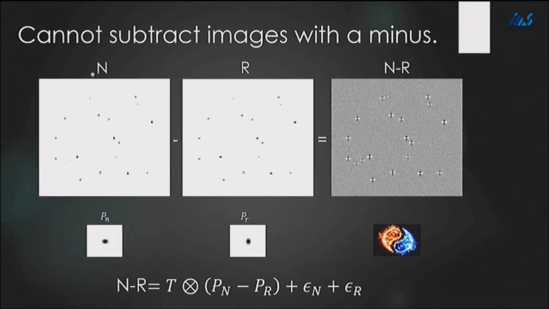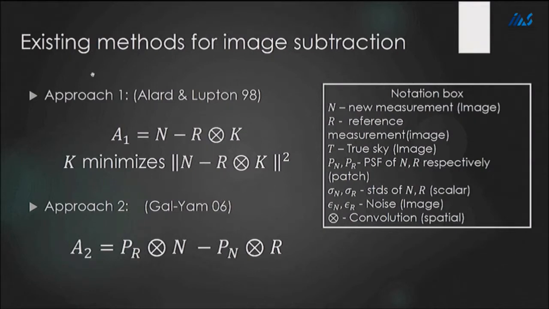It's not zero. So this means that a star that was a point here that was squashed that way, and a point here that was squashed that way, will look like a yin-yang thing in the image itself. So that's not going to work. But no one does a minus, because that doesn't work.